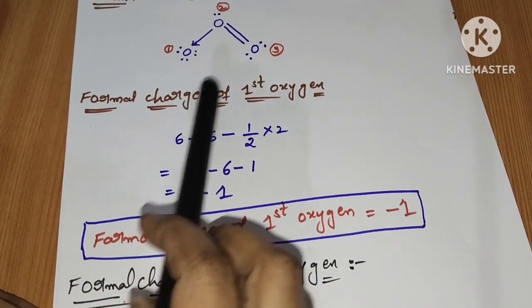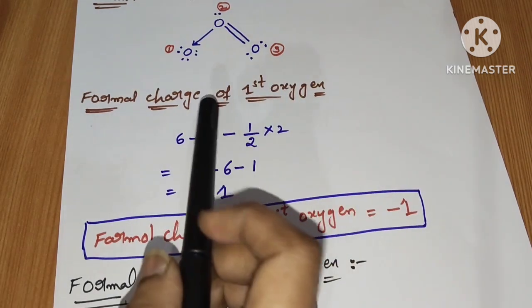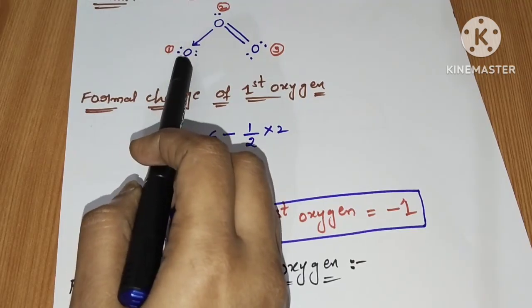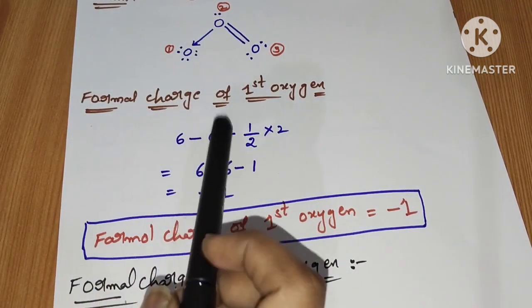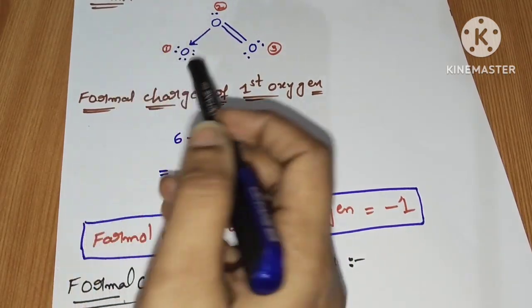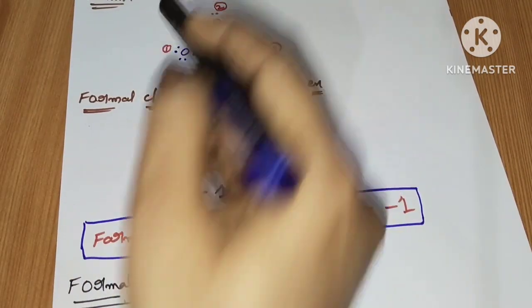Let's calculate the formal charge of the first oxygen. We all know how many valence electrons are in oxygen: 6. Then, how many lone electrons are present in this oxygen? 1, 2, 3, 4, 5, 6.